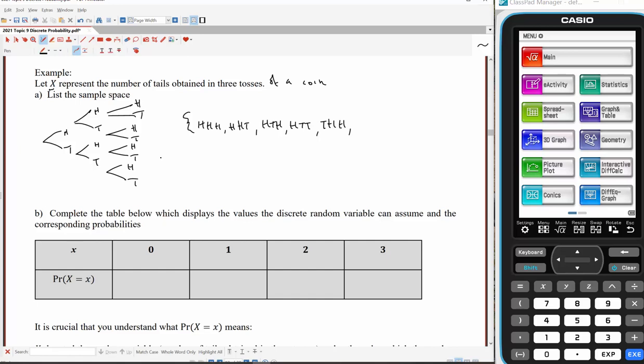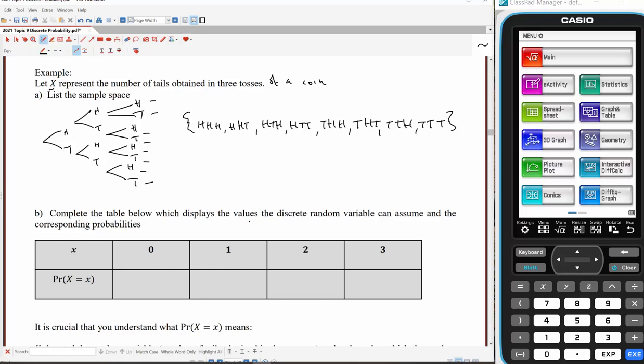Tail, head, tail. Tail, tail, head. And tail, tail, tail. So there's 1, 2, 3, 4, 5, 6, 7, 8. And 1, 2, 3, 4, 5, 6, 7, 8. Alright, so we've got all 8 possible outcomes there.